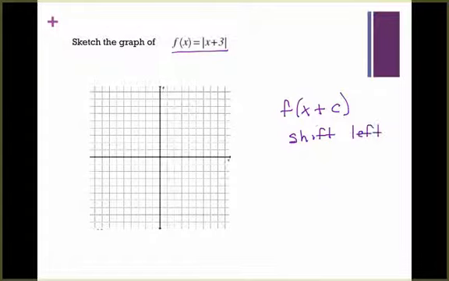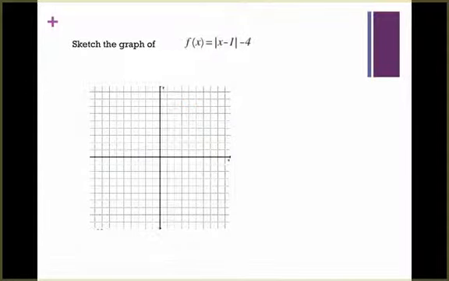Remember that when it's inside the parentheses, you always go the opposite direction of what you have. So we have a plus 3, so we're going to shift to the left 3 units. So we're just going to take our V and shift everything over to the left 3 units. So then we would get something that would look like that.